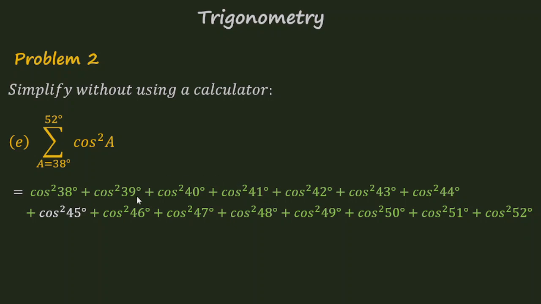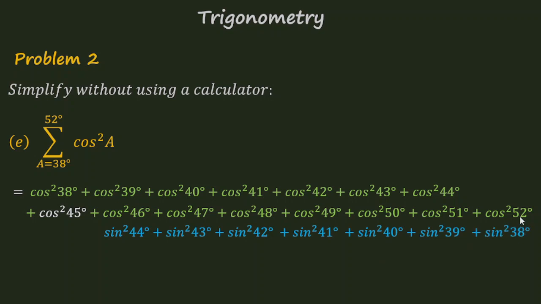So the best way is to remember the cofunctions. We know that sine and cosine are cofunctions of each other. So if we write this in reverse, the cos squared 52 will be the same as sine squared 38 degrees. If you add 38 and 52, they give you 90.